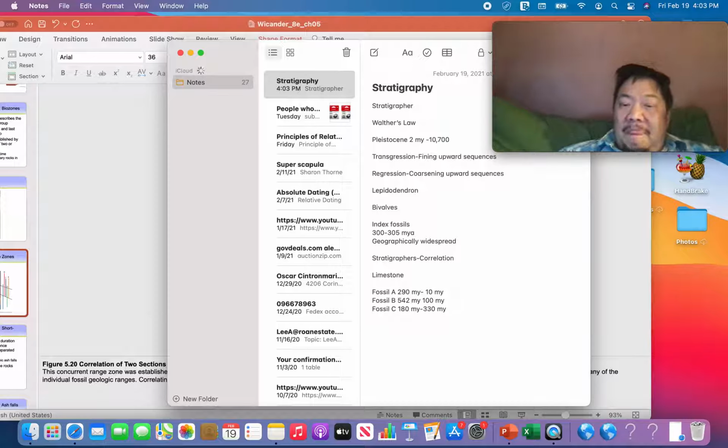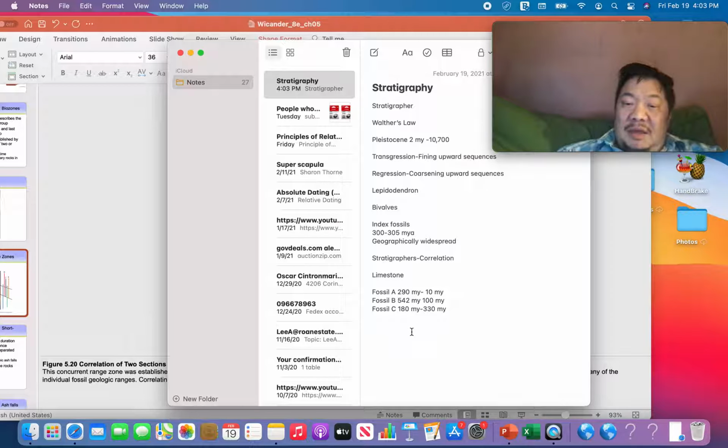Well, it has to be older than 330 million years old, right? Actually, let me think. So the oldest this can be is 290 million years. And the oldest this is 542. The oldest this is 180.